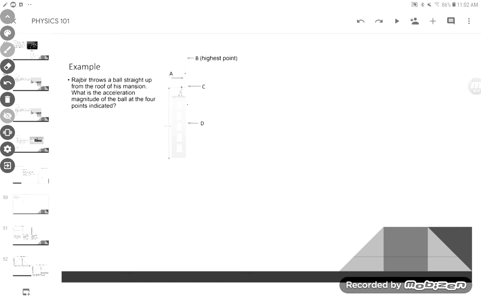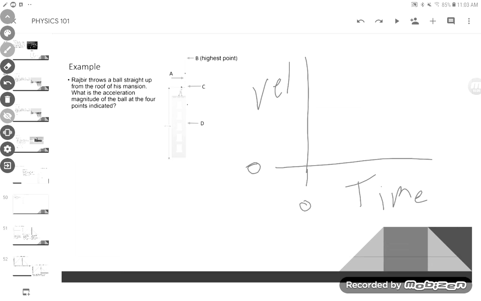Let's say that we have a graph showing velocity on the side and time on the bottom. And obviously zeros here. At point C, which is pointing at this side of the person where he's holding the ball, he's going to have a velocity of 0.